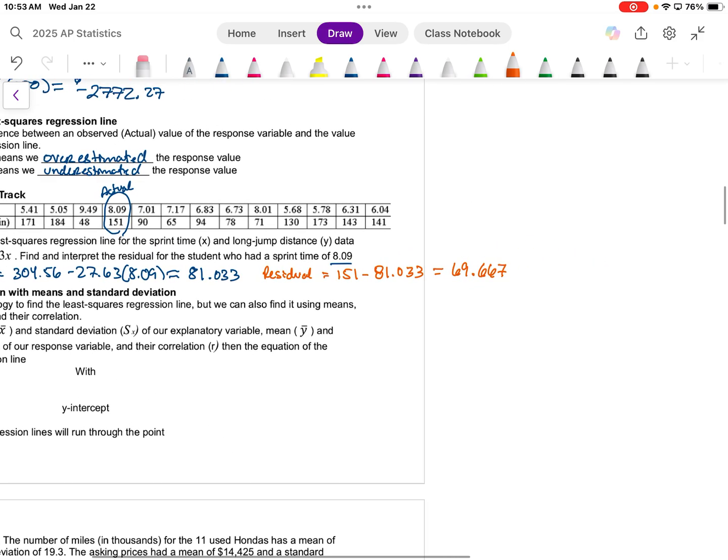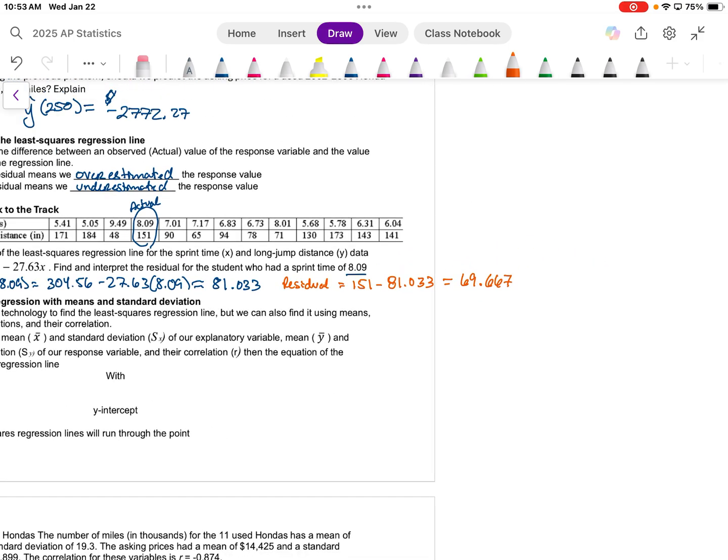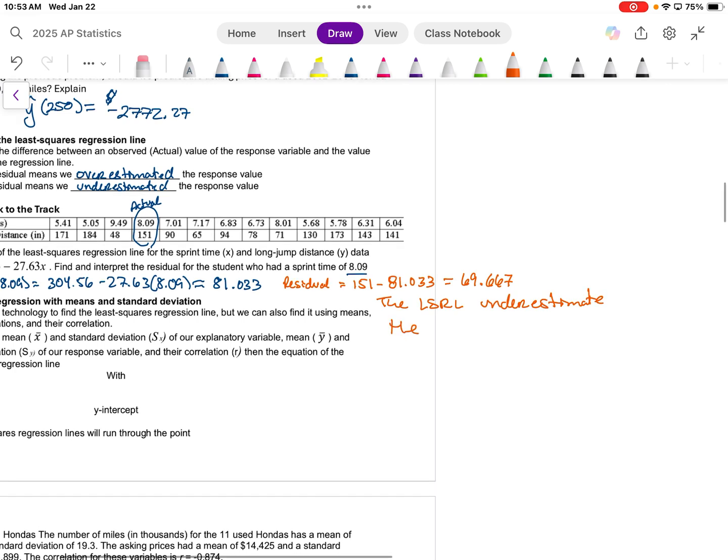So the LSRL underestimated the long jump distance, again underestimated the long jump distance by 69.667, and the units were inches.